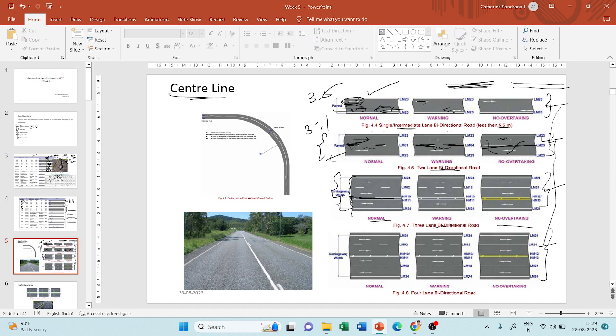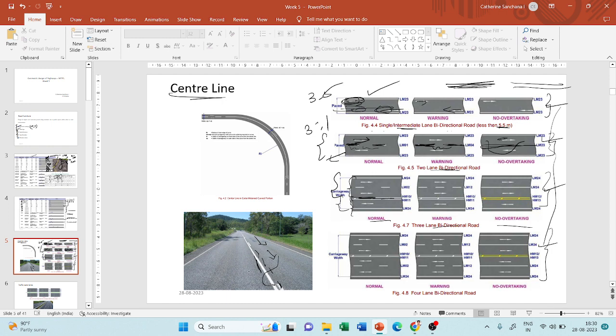Now, one more thing is, if you see this figure, I also told you that you will not only come across broken lines or straight lines, you will also come across a combination of both, right? So if you see here, you have solid lines on one side and broken lines on the other side. So what does this mean? It means that the traffic traveling in this direction can make the overtaking action, because the line which is closest to them is the broken line, right?